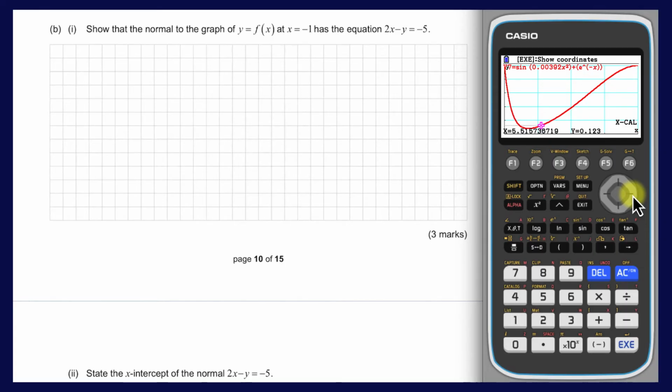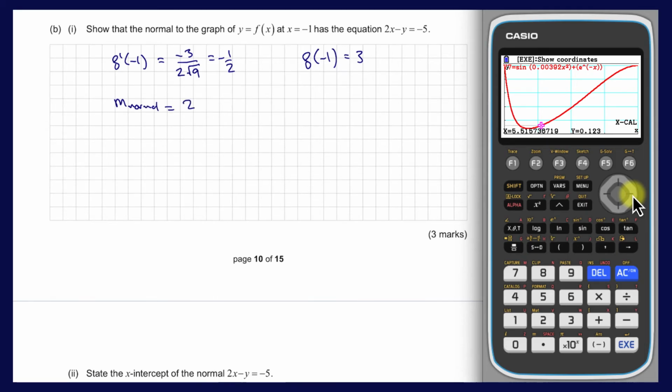B part 1. Now we need to show that the normal to the graph has this equation. So first of all we need the derivative value and also the function value at minus 1. So f dashed of minus 1 is equal to minus 3 over 2 square root 9, which equals minus a half, and f of minus 1 equals 3, and based on that the slope of the normal will be equal to 2.